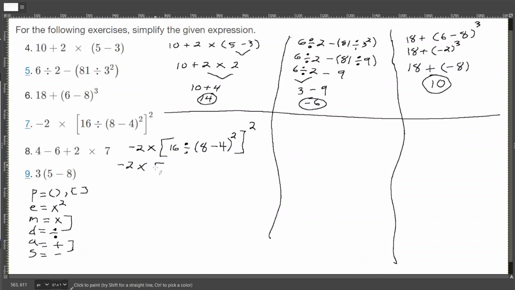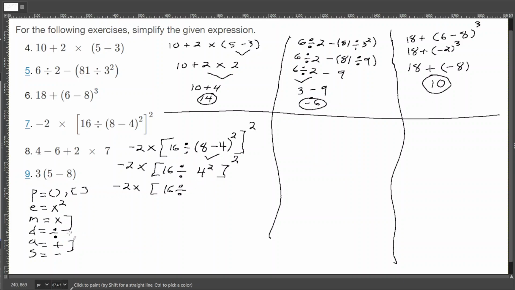Nothing's happening there. I am not ready to get rid of my bracket because now I have 8 minus 4. There's a parentheses in the bracket that needs to be handled. And everything's squared. Okay. So now I still can't do anything with the -2. It's outside. But we do have 16 divided by 16 because now we could do the exponent, right?